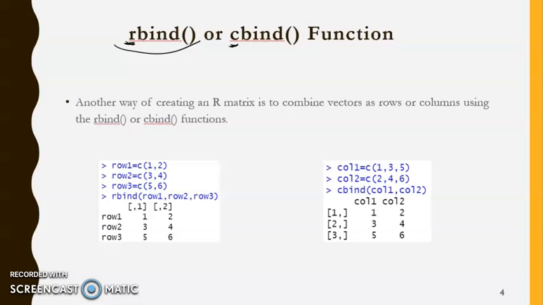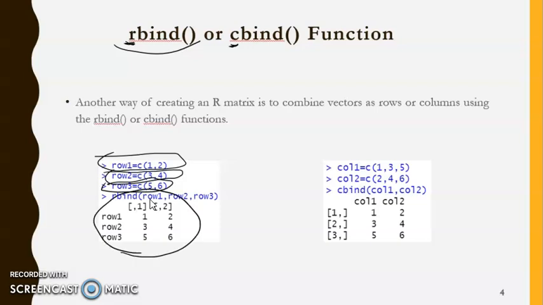So you know this syntax, everything. So you have now 3 rows that are in fact 3 vectors, and you use rbind and you bind all of them together. And when you bind all of them together, you get this matrix.